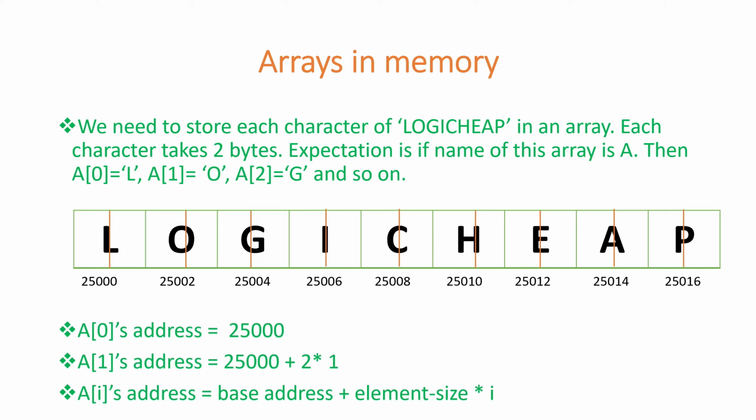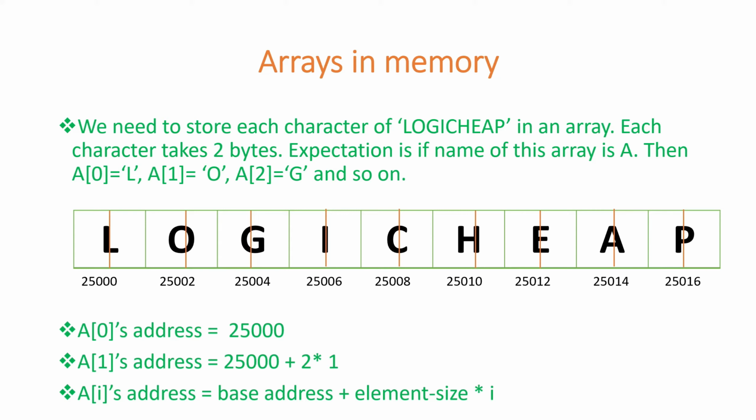It means its index is going to be 4. So A4 is equal to 25,000, which is the base address, plus element size. So what is the element size each time? It's 2 bytes, 2 bytes into I. I is 4. So 2 into 4 is 8. So 25008. So indexing has become very easy when you are storing it in contiguous space in your memory.